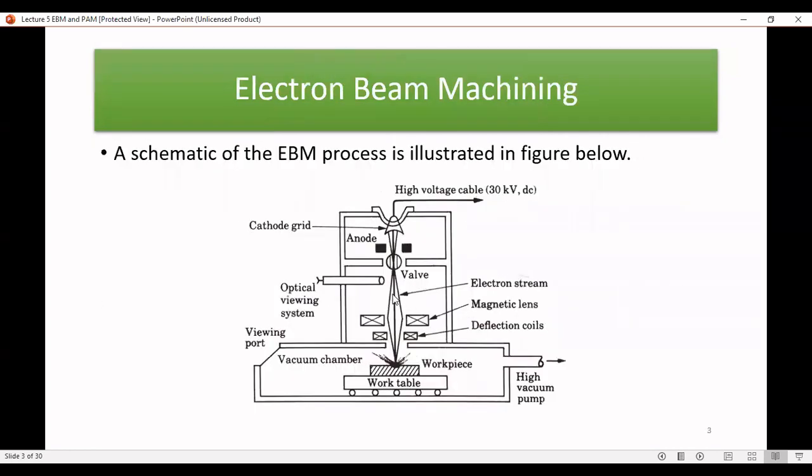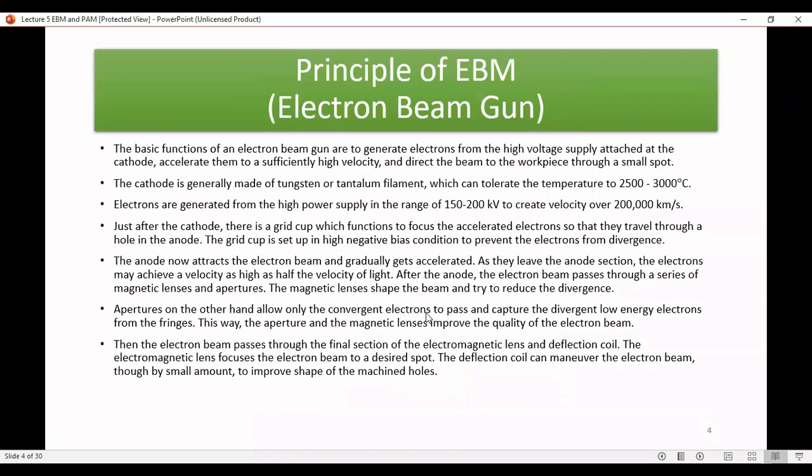So the magnetic lens focuses the beam, and there is an aperture here, which is not shown. The aperture deflects those electrons that diverge from the mainstream, so you can have a nice stream of electrons going through the aperture. Any questions so far?